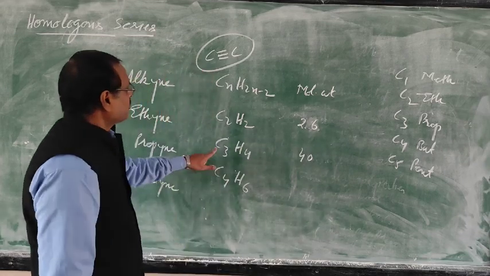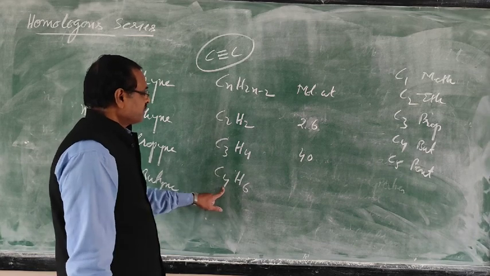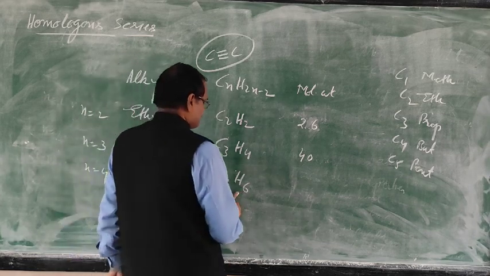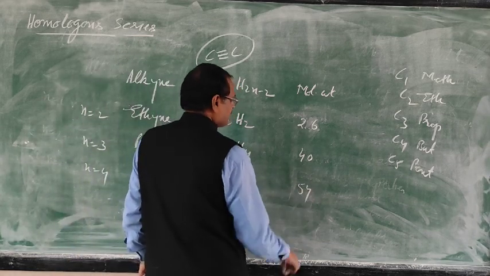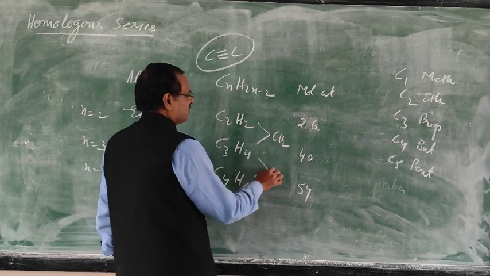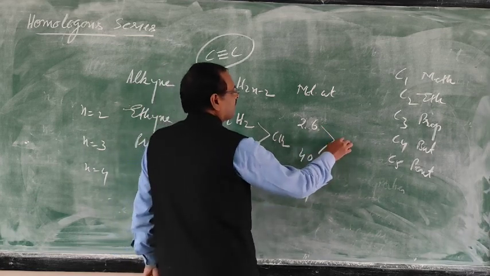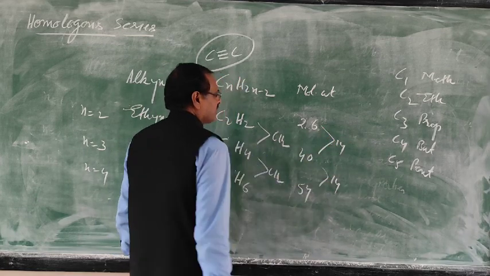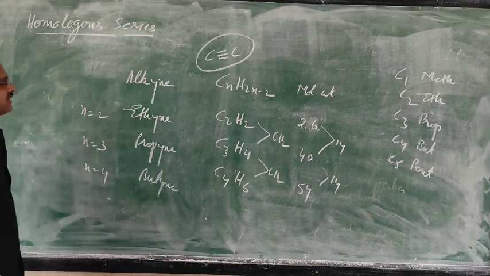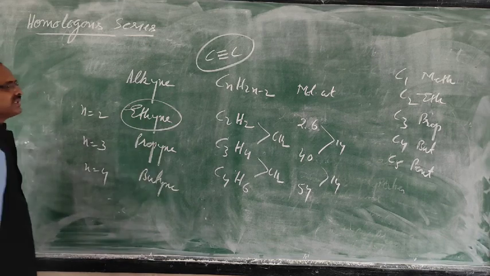Then 12 times 3 is 36, plus 4, 40. 12 times 4 is 48, plus 6, 54. Now if you take the difference, you will get a difference of CH2 and a difference of molecular mass 14, 14. So the first member of the alkyne homologous series, your answer is ethyne.